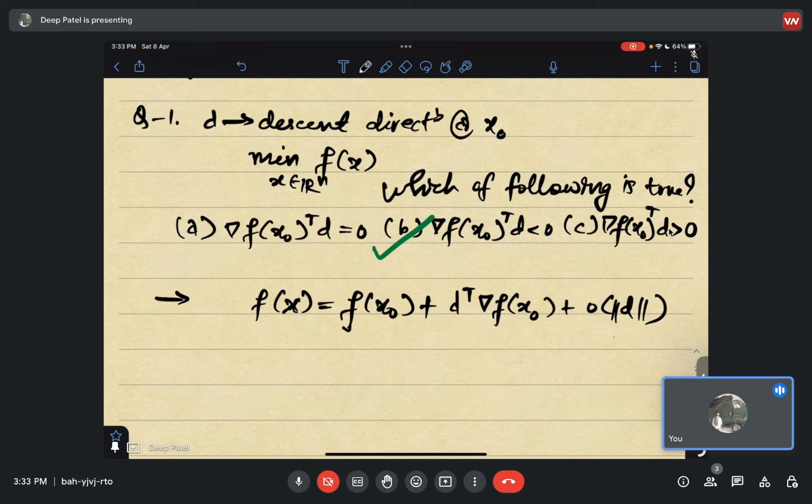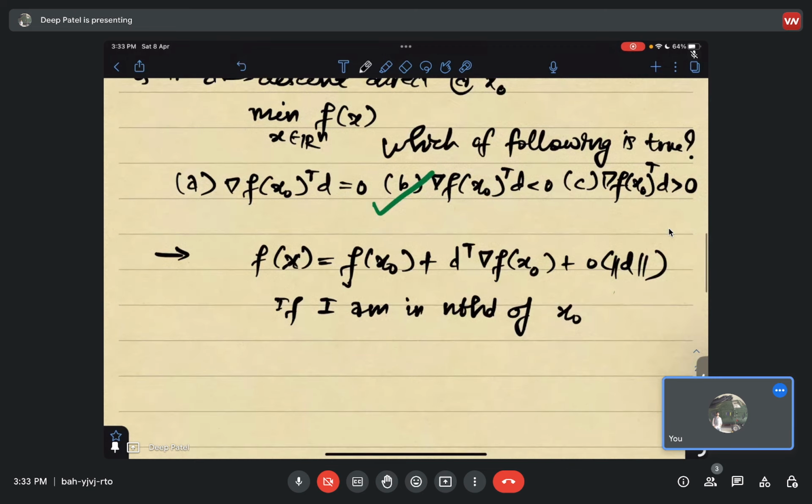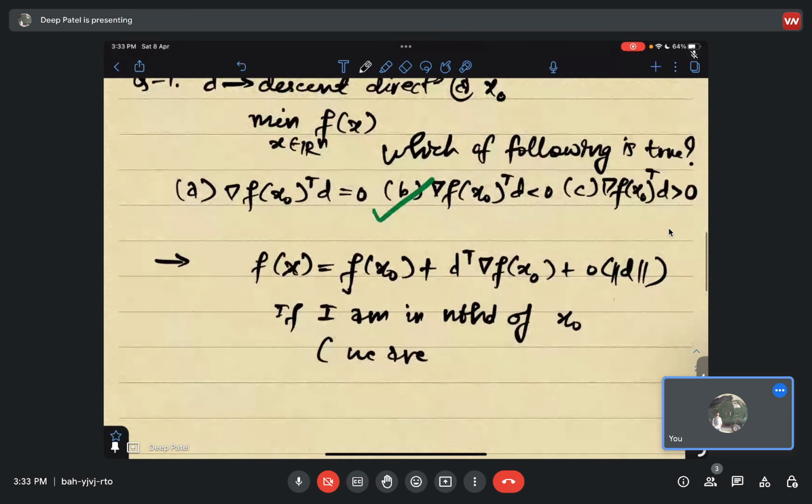If I am in a neighborhood of x naught, we are assuming that gradients are allowed to be taken, so that means the function is continuous.